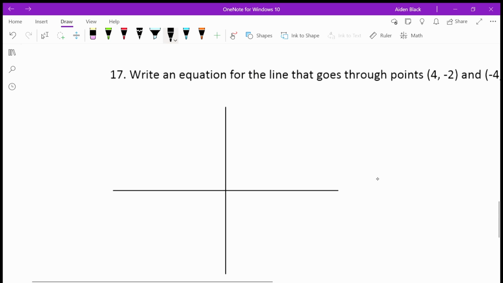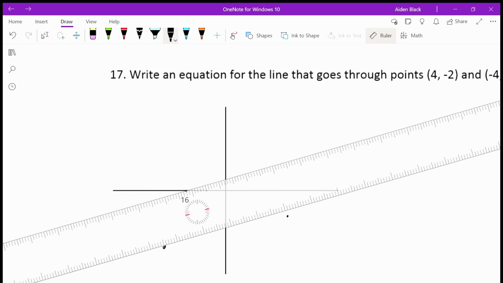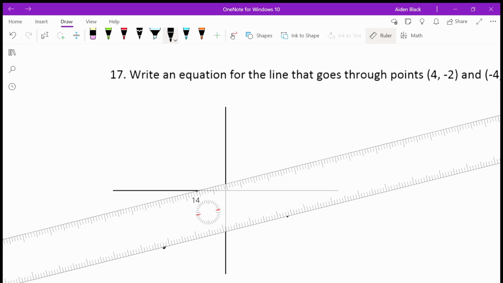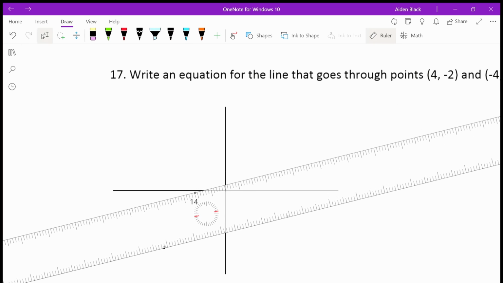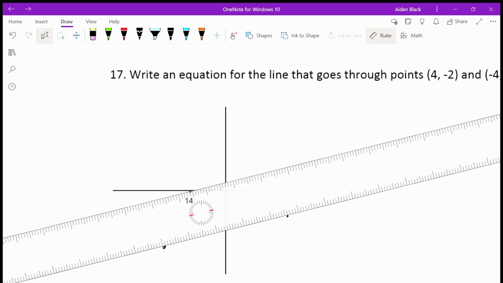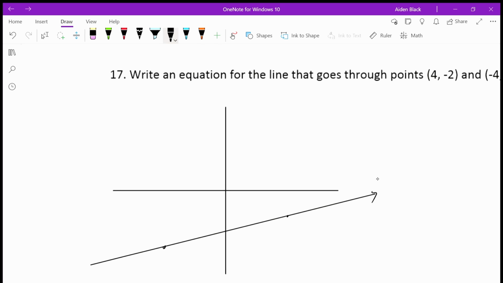So let's come out here, 4, -2, and -4, -4. So when we connect these points, we get a line. Can't get that just right, but just do it like that. There we go. So here's our line.